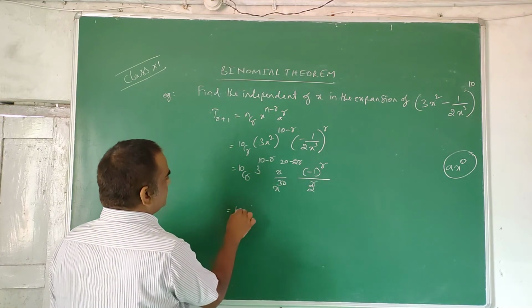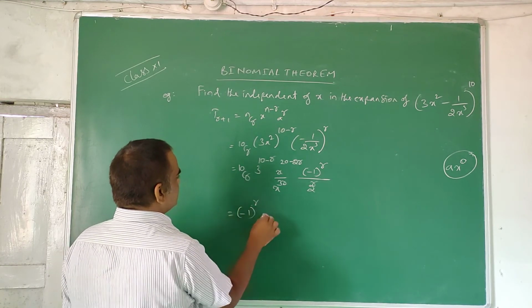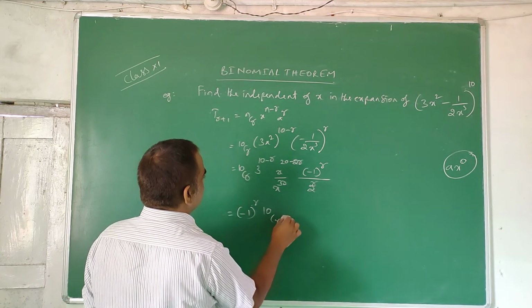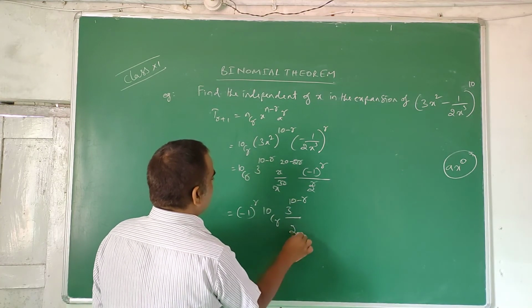So this equals 10Cr minus 1 whole to the power of r into 3 to the power of 10 minus r divided by 2 to the power of r.